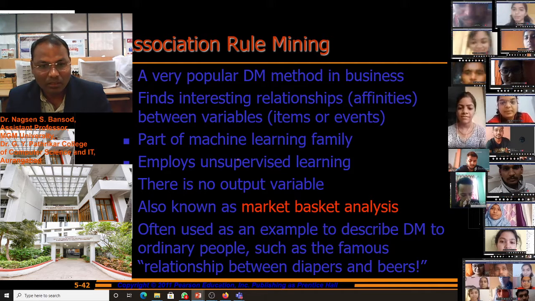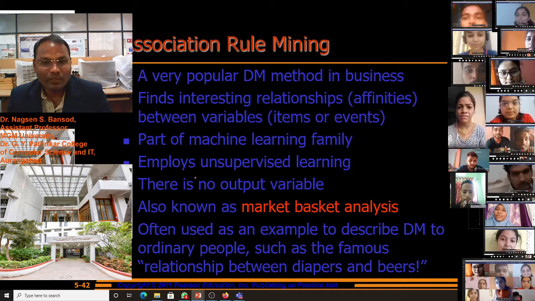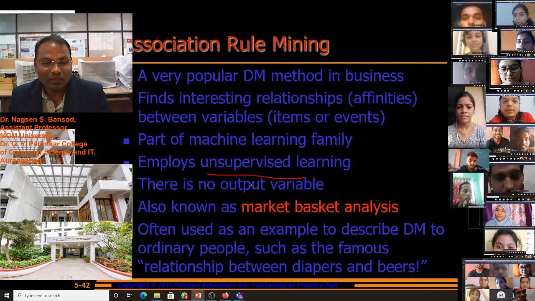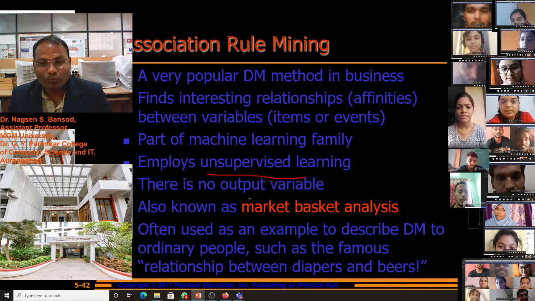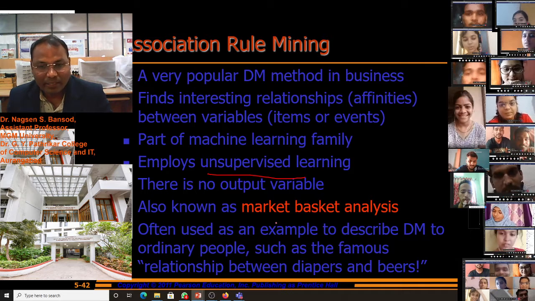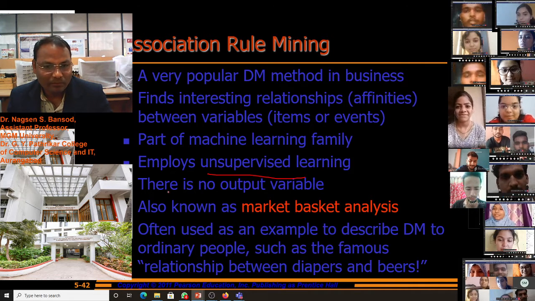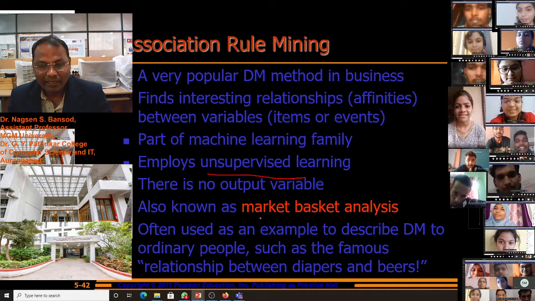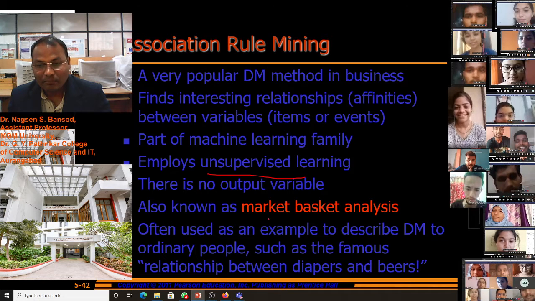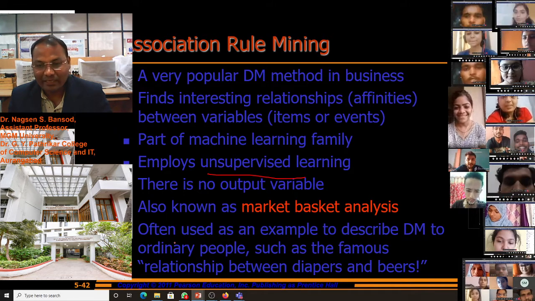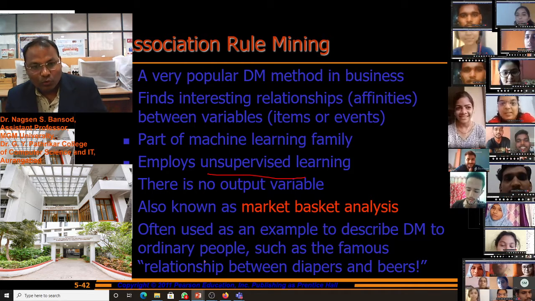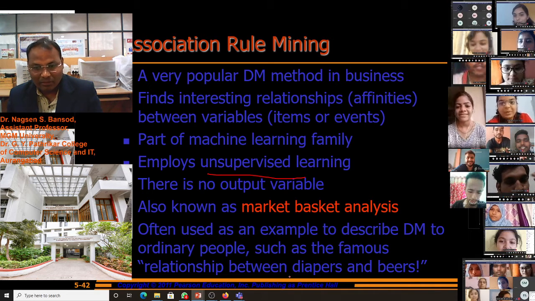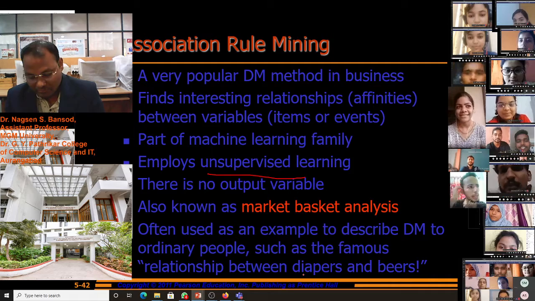Association is a part of the machine learning family and employs unsupervised learning. As in clustering, there is no output variable. It is also known as market basket analysis, often used as an example to describe data mining to ordinary people, such as the famous relationship between diapers and beers.